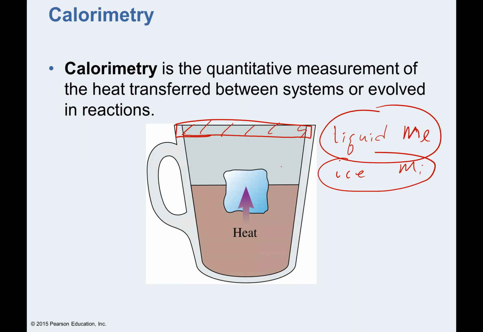You have two substances, and initially the temperature of the liquid is not equal to the temperature of the ice. These are the initial temperatures, but the final temperature of the liquid will always be equal to the final temperature of the ice, because they will reach thermal equilibrium.